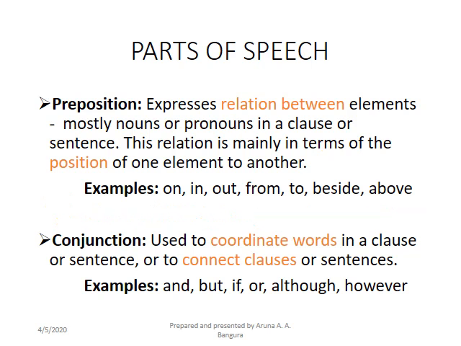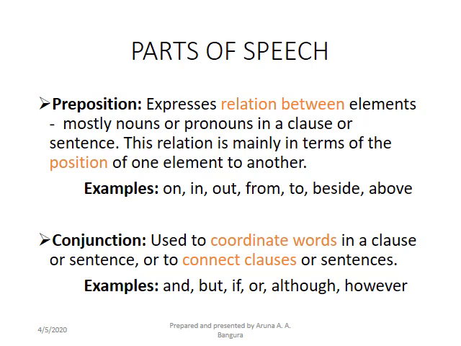For preposition, a preposition expresses a relation between elements in a sentence or a clause. Most of these elements are nouns or pronouns, right? So the work of a preposition is to express relation between elements, mostly nouns or pronouns, in a clause or a sentence, right?